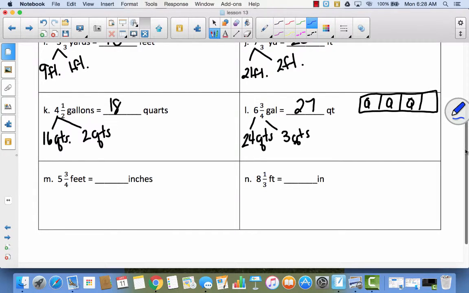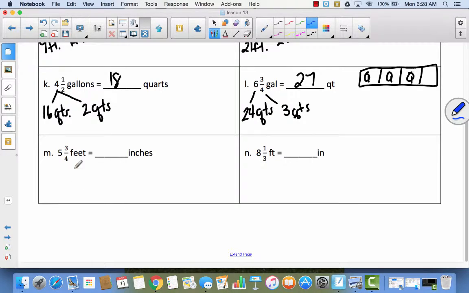All right, so last but not least, now we're doing feet and inches. So remember, there are 12 inches in a foot. So if I have 5 feet, that would be 12 times 5. Do you know what 12 times 5 is? It's 60. So I've got 60 inches. So if I took 12 and I divided it into 4 parts, because these are fourths, so let's think about this for a minute.